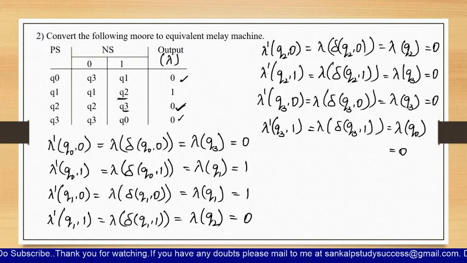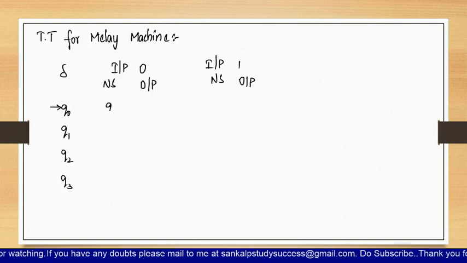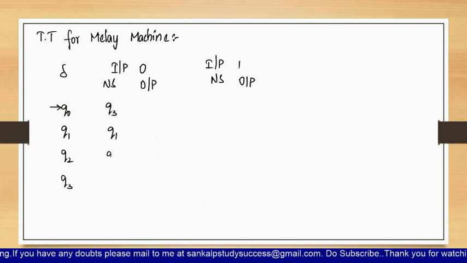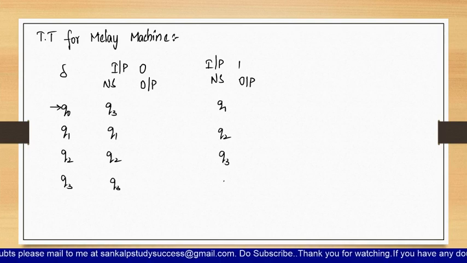For q0, by applying 0, what will be the next state here? Q3. All these transitions are as they are, right? Because there is no change in the transition function. So let us write them as they are: Q3, Q1, Q2 and Q3. And here also we have the same thing: Q1, Q2, Q3 and Q0.